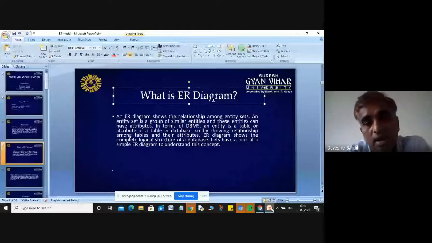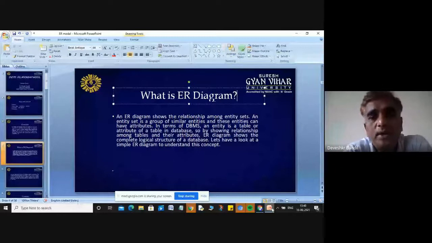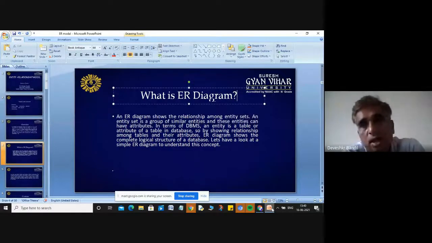Then the ER diagram shows the relationship among entity sets, and as I had told, an entity set is a group of similar types of entities, and these entities can have attributes. The characteristics of an entity are called attributes.